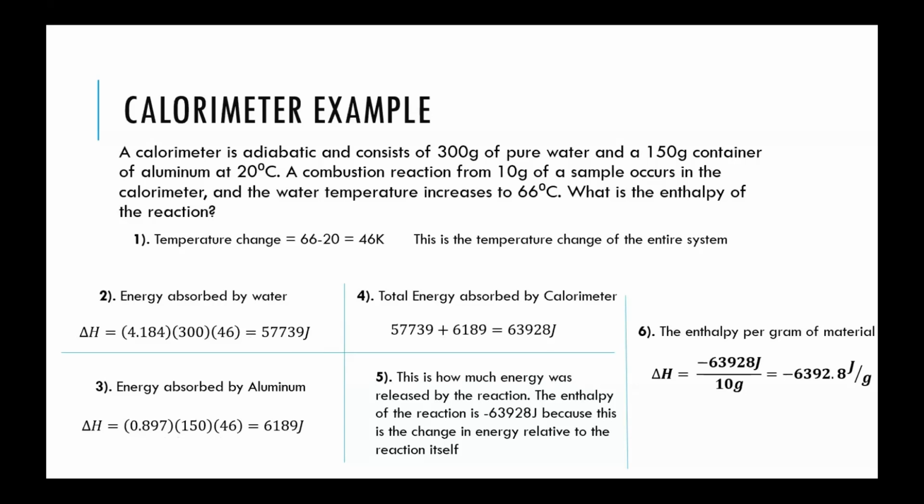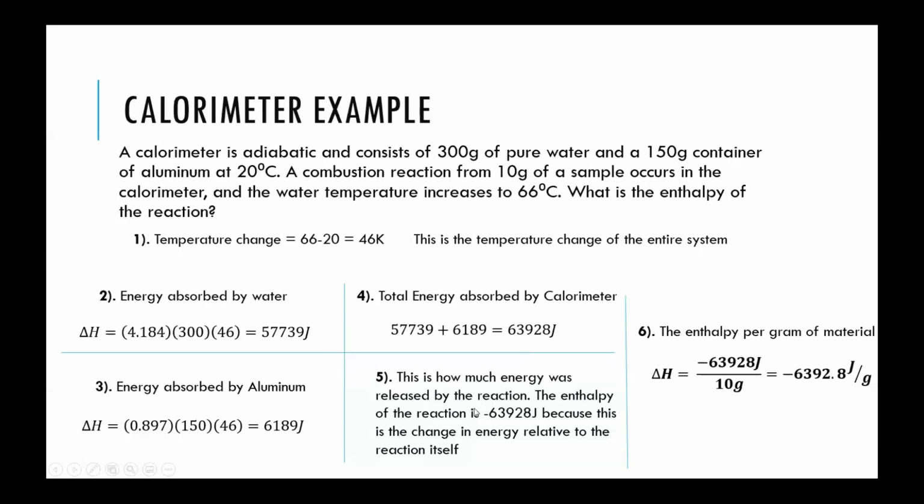But where did that energy come from? The energy came from the reaction that was happening inside. That means the reaction lost this amount of energy. So this amount of energy, this 63,928 joules, was removed from the reaction itself.